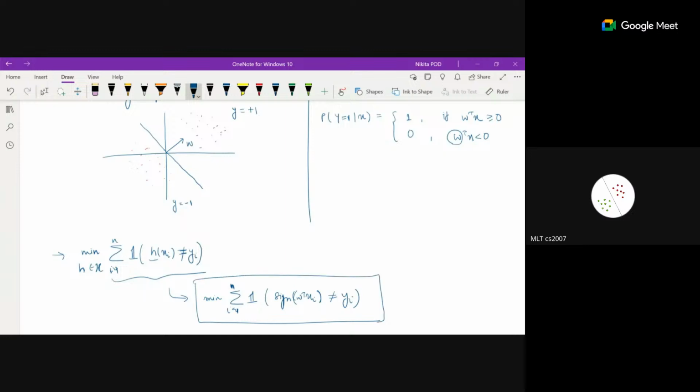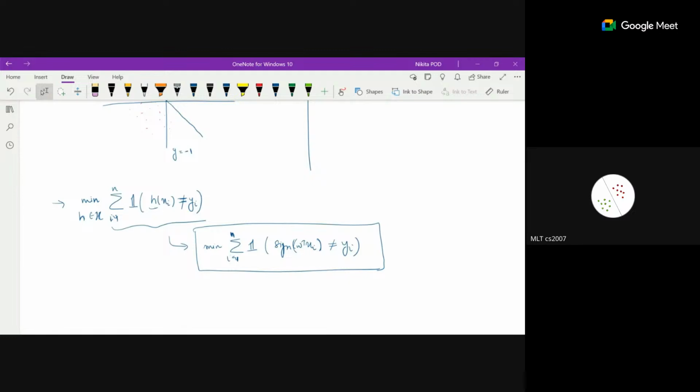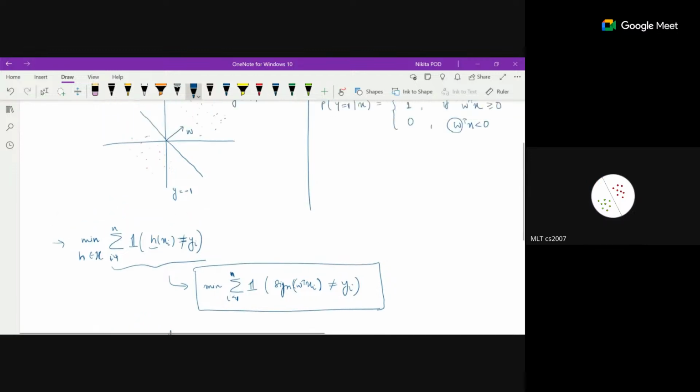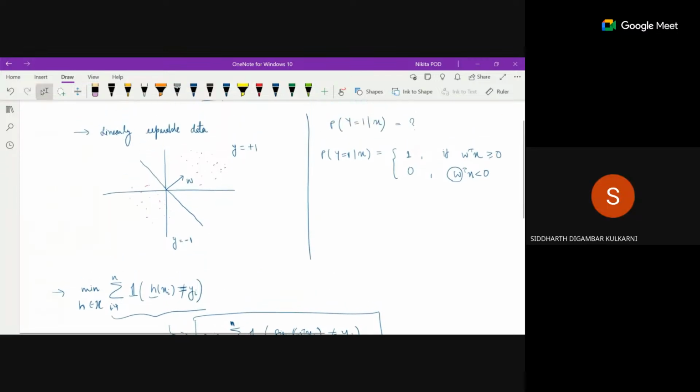I'm adding the linear separability condition. I mean, there is some W in R^d. So when we say there is the linear separability condition, it means there is some W such that the sign of W transpose xi is equal to the sign of yi. We are just taking yi as 1 and 0, so let's stick to 0, because here also we've talked about 1 and 0.